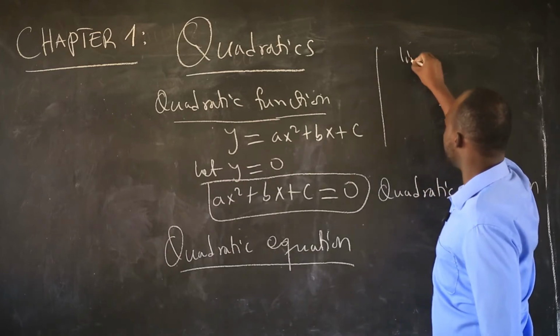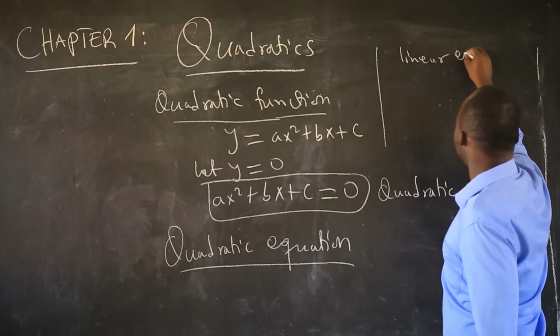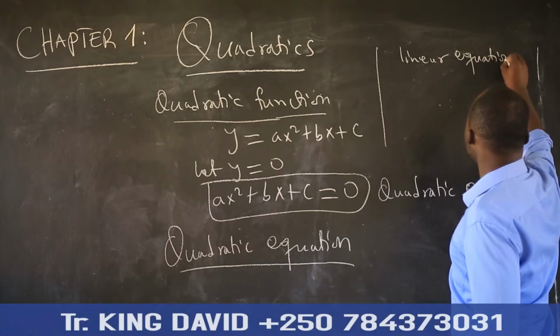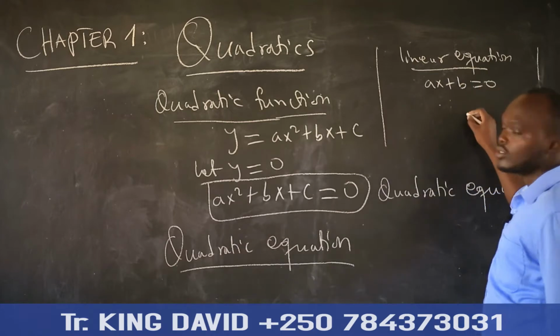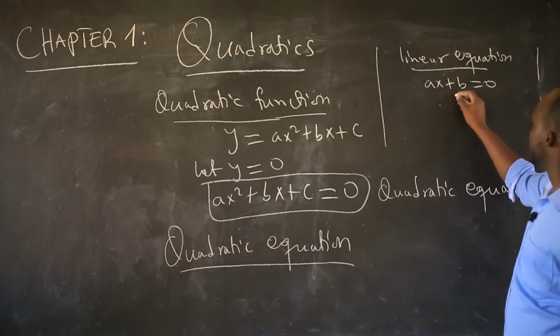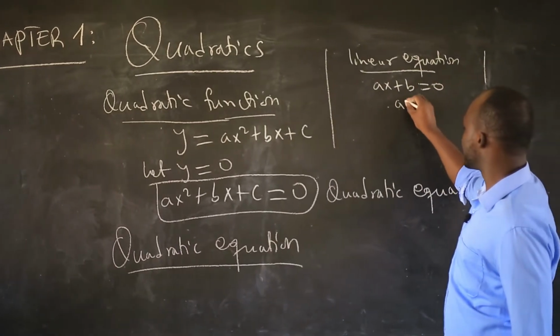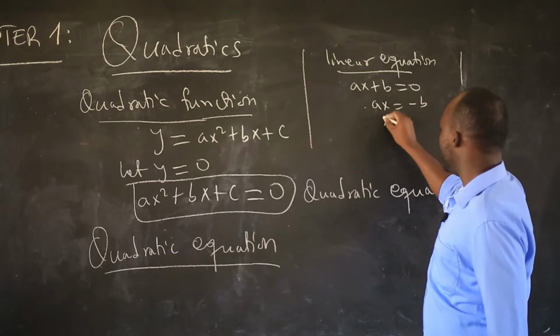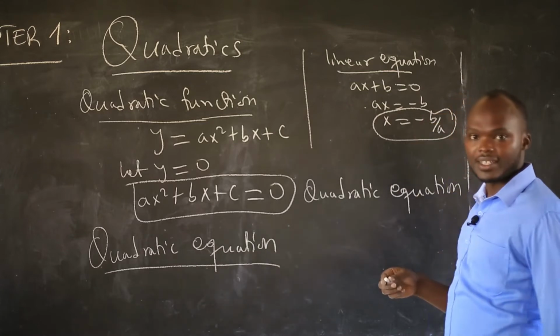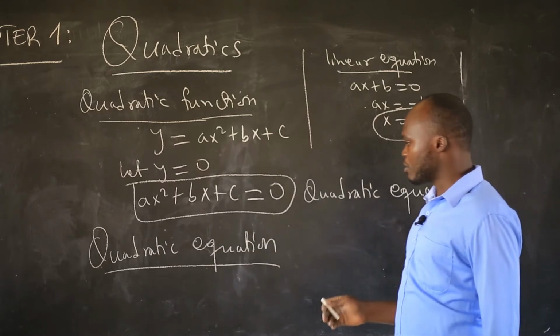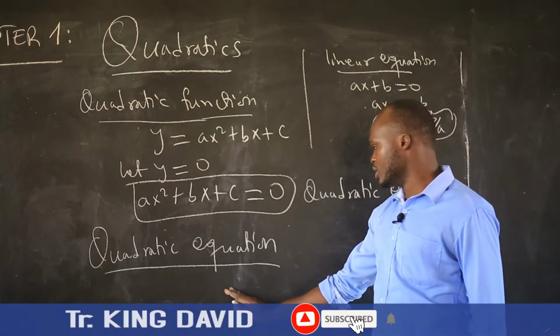For linear equation, you have ax plus b equal to 0. To solve that, you just bring b on that side, you get ax equal to negative b, so x is negative b over a. So that's how we can solve that equation. That's the linear equation. From that linear equation now, there is quadratic equation.